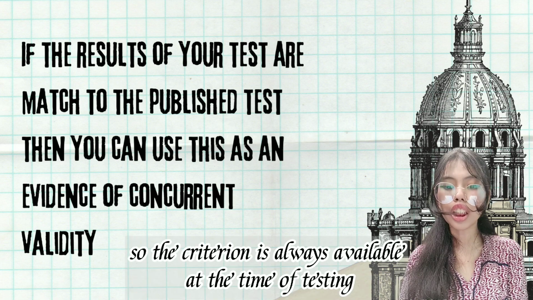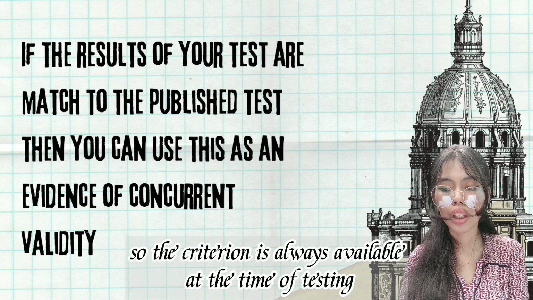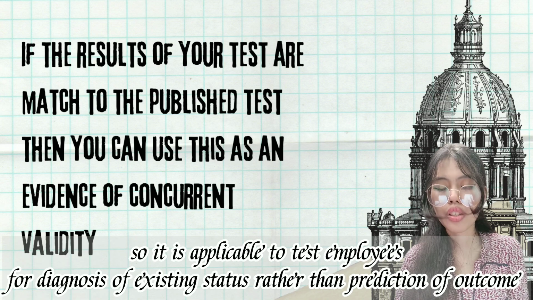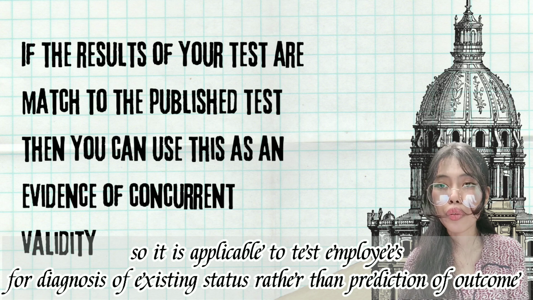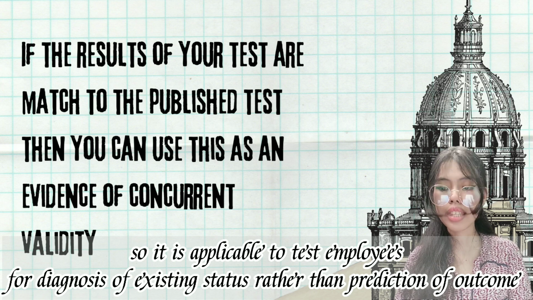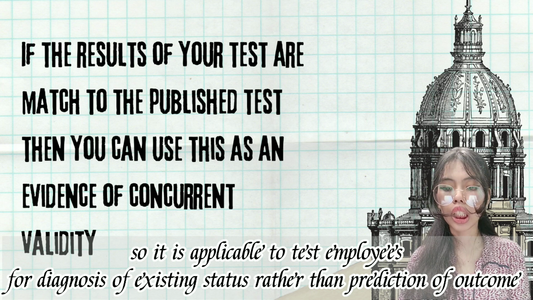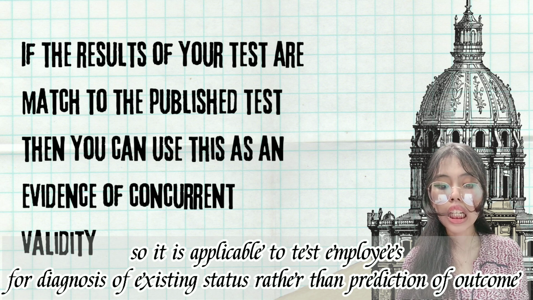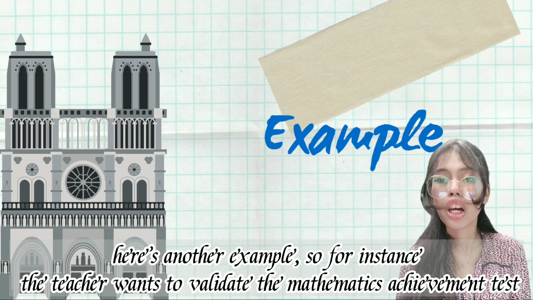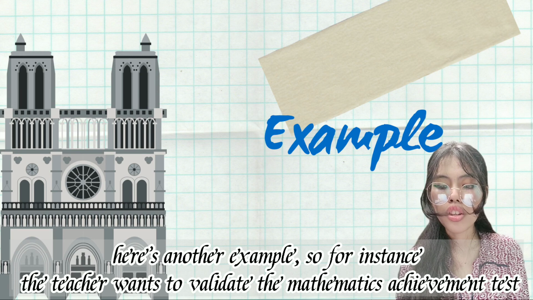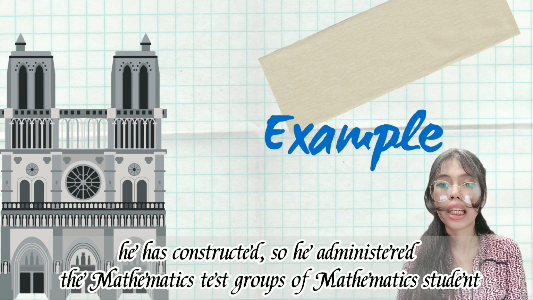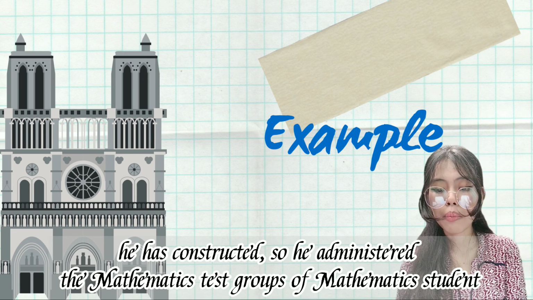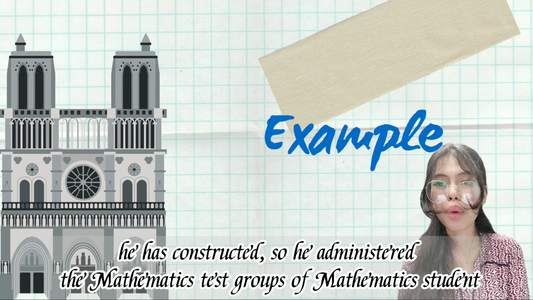So, the criterion is always available at the time of testing. It is applicable to test employees for diagnosis of existing status rather than prediction of outcomes. Here's another example. The teacher wants to validate the mathematics achievement test he has constructed. He administers the math test to groups of math students.